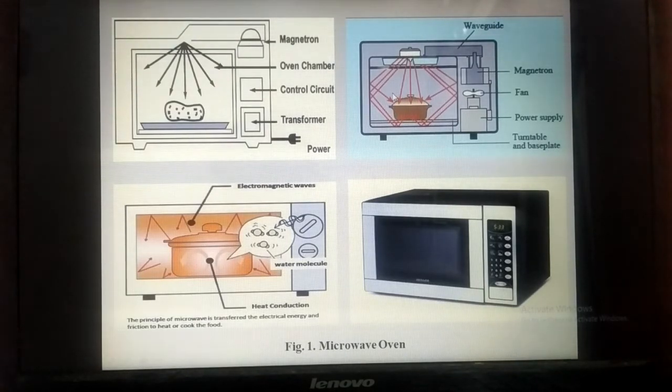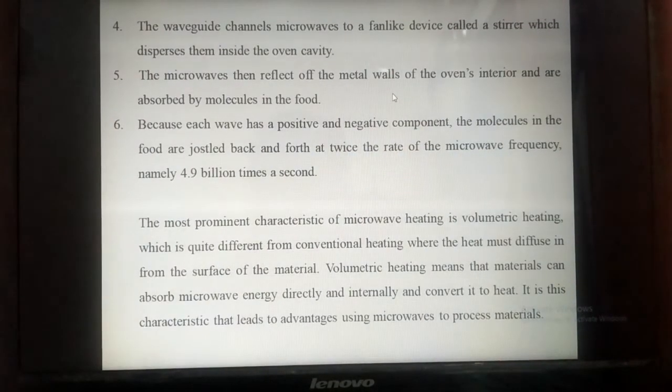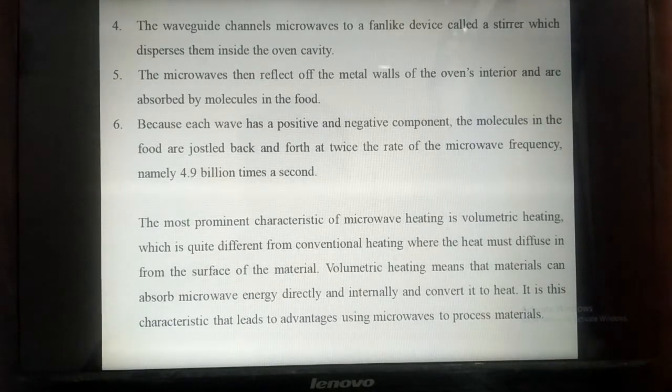That's why it cooks fast. Volumetric heating means the material can absorb microwave energy directly and internally and convert it into heat. It is these characteristics that lead to the advantage of using microwaves to process materials.